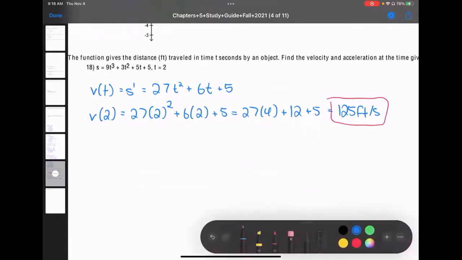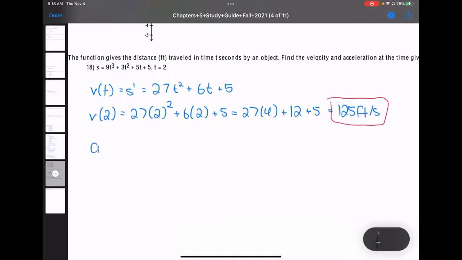Okay, but we're not done because we need to also find acceleration. So acceleration is just the derivative of velocity. Right? Or the second derivative of position. Okay, so 27 times 2 is 54t plus 6 now.